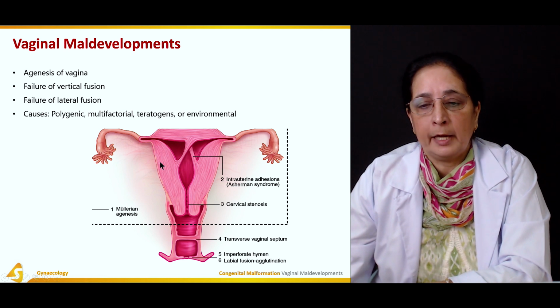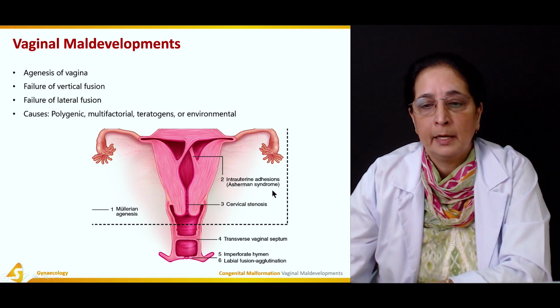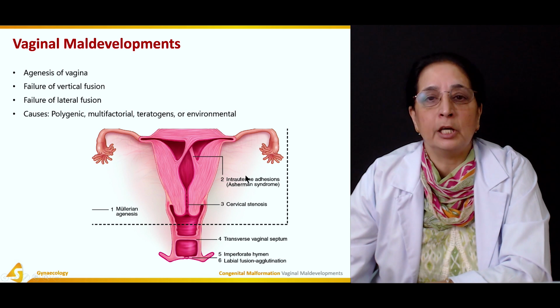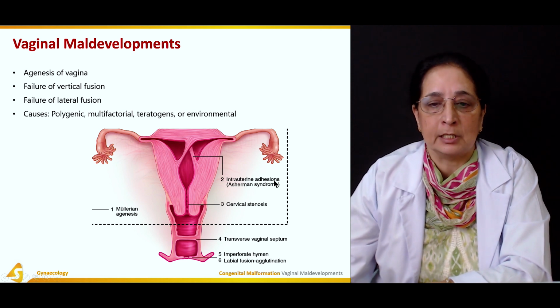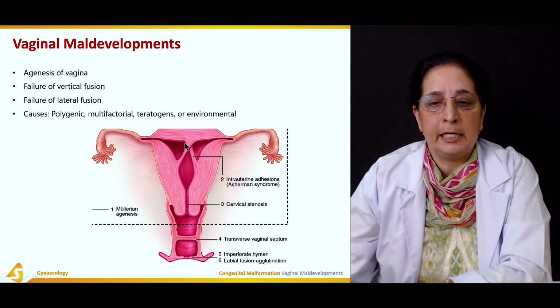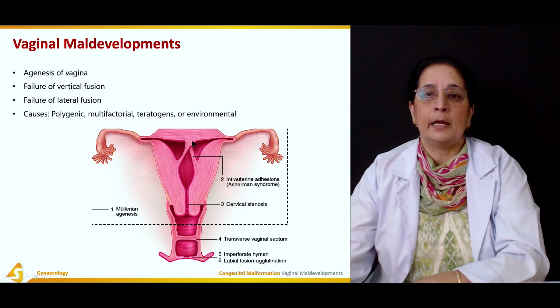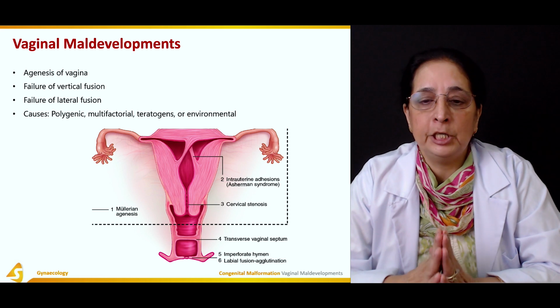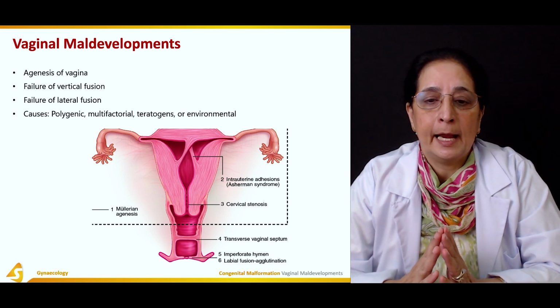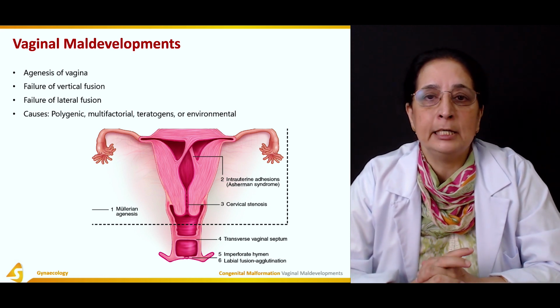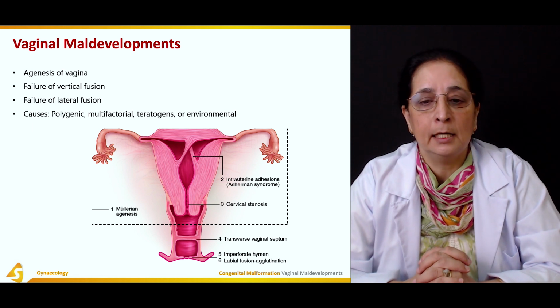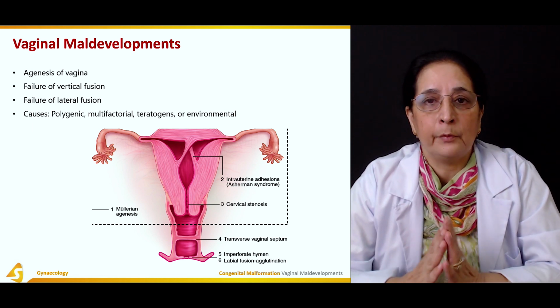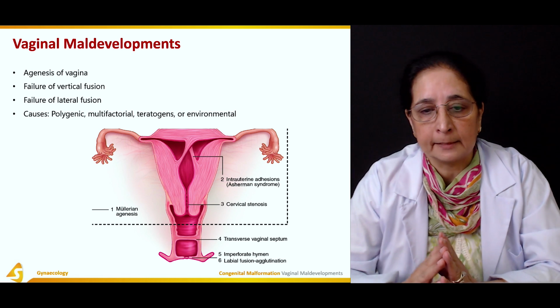Then also Asherman syndrome, in which we have intrauterine adhesions. If you see in this diagram, in Asherman syndrome, there are adhesions in the uterus, and these adhesions can lead to infertility because of the narrowing of the uterine cavity.